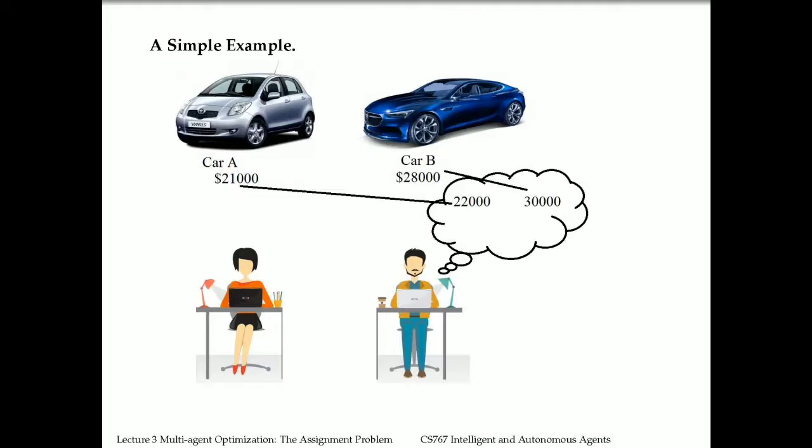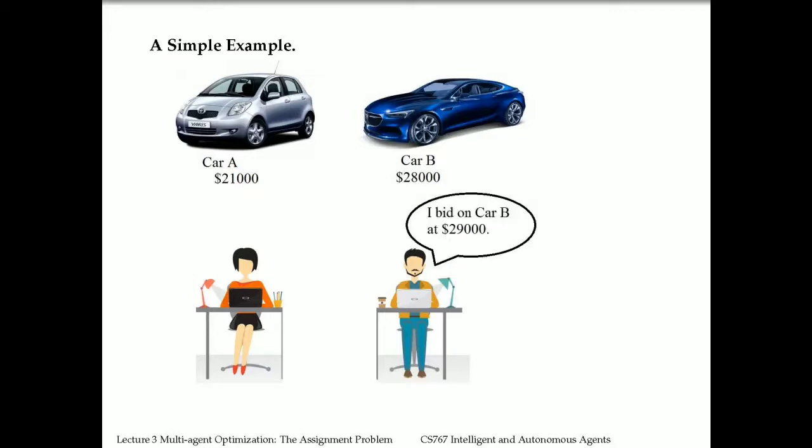So in this case, very naturally, the second agent would bid on car B, and using the same logic as for the first agent, the second agent will think, well, the price that I'm willing to pay for car B is $29,000 because that's the maximum that he's willing to pay, which makes car B's utility not lower than the utility from car A, right?